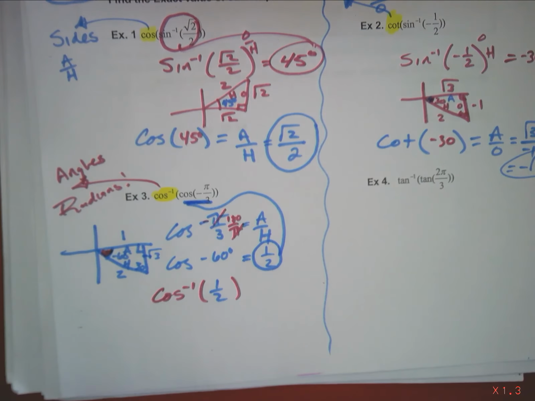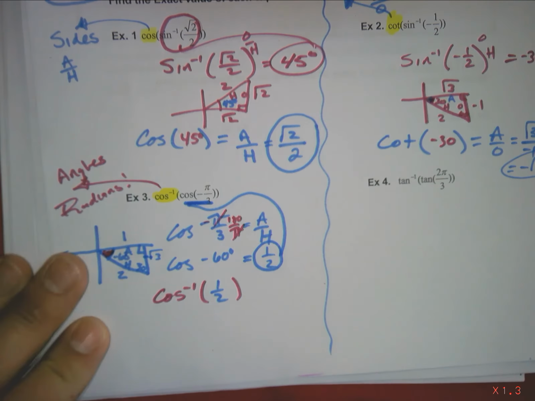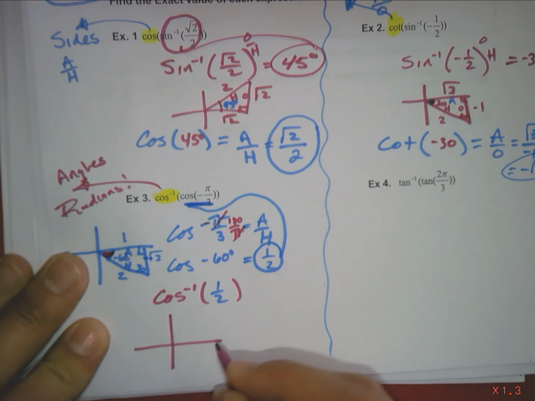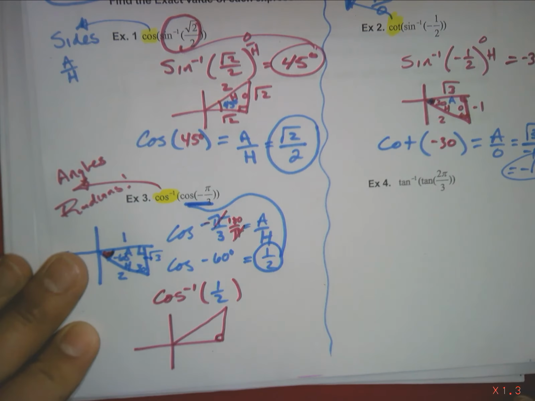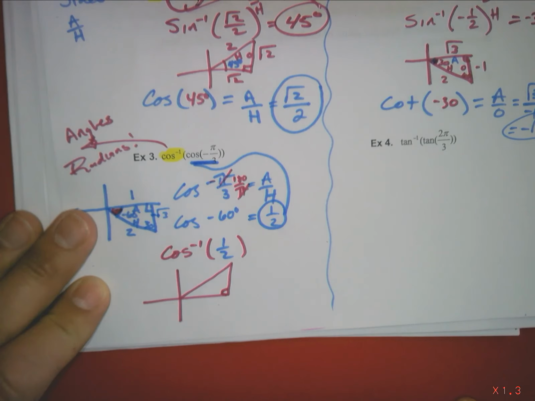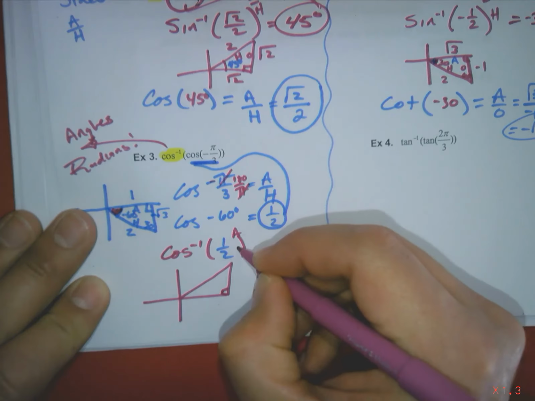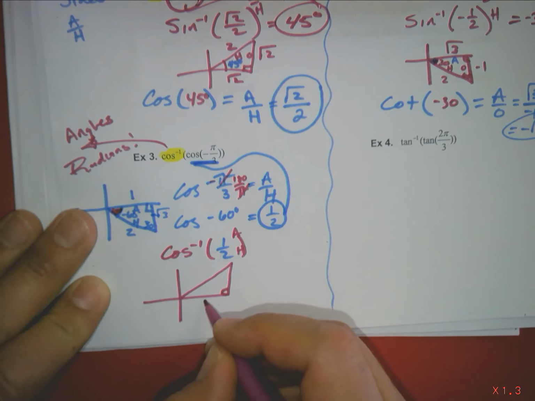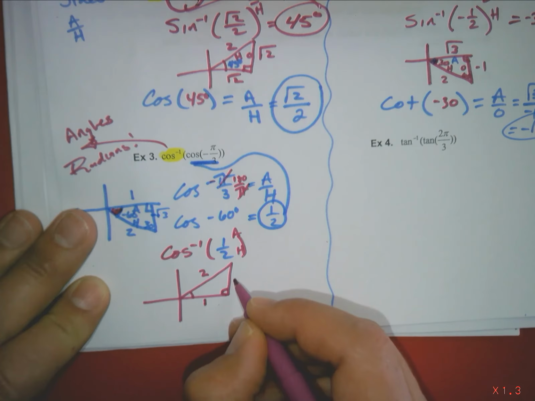Okay. Now inverse cosine works in 2 quadrants, 1 and 2. Because it's a positive ratio, I'm going to put this in the correct quadrant now, which is quadrant number 1. And now that's going to put my answer between 0 and 180 degrees, or 0 and pi. So again, they gave me A, they gave me H, from this angle it is 1, that's 2, which means I know what this guy is, either using Pythagoras or knowing your reference triangles.